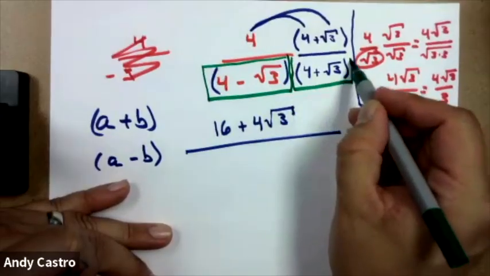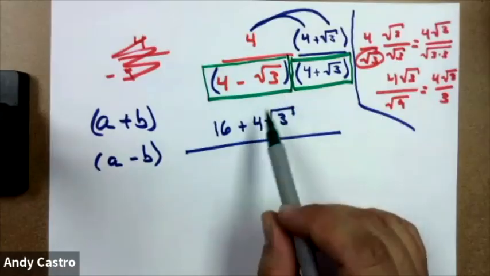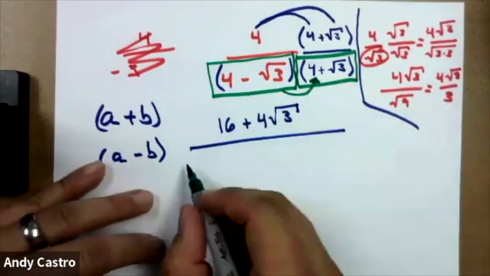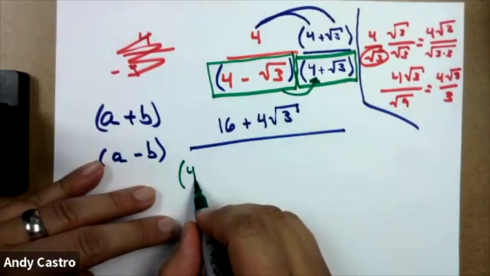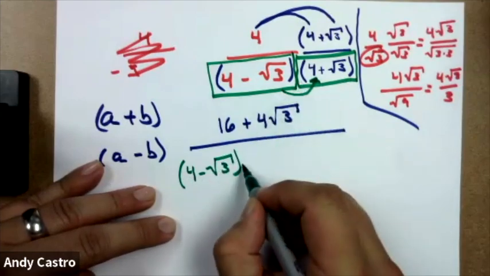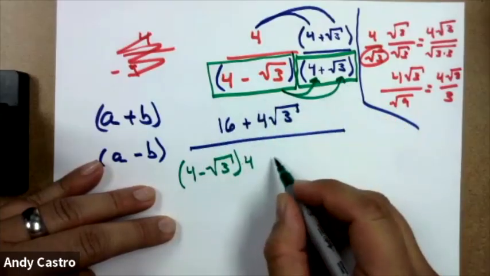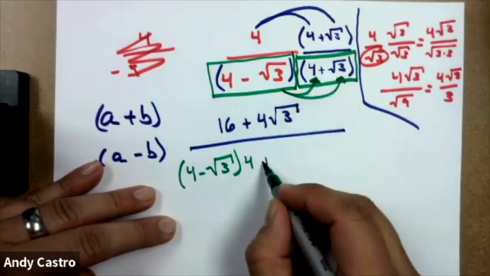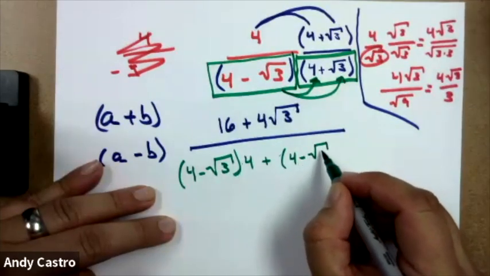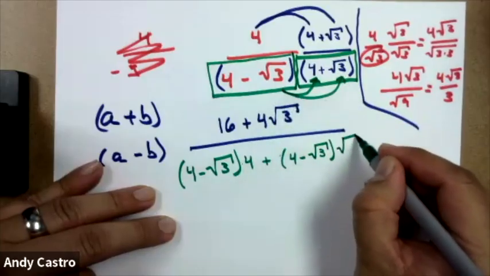So obviously we have two binomials like we did in the last problem that we worked. So we'll do this first one times 4. So that would be 4 minus root 3 times 4. Okay, then we're also going to do this one, and this is positive. So 4 minus root 3 times root 3.